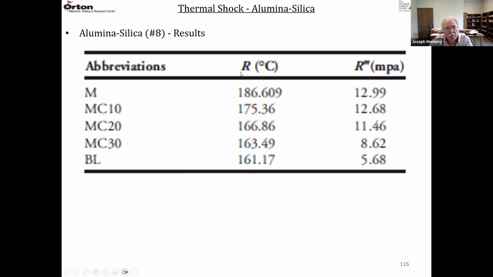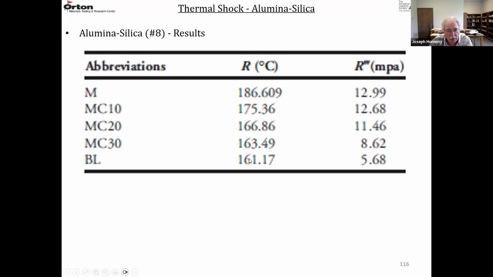So the calculations for R and R4 prime, R in degrees C, I'm sorry, R3 prime. I keep thinking always R4 prime because I don't know why anybody does R3 prime. But anyway, R3 prime is in megapascals. So M is 100% mullite, BL is 100% corundum.